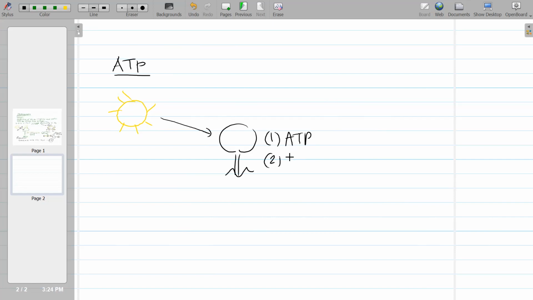But that molecule is not the same as ATP, because ATP is the only molecule used by all organisms. Then a second molecule is produced called nicotinamide adenine dinucleotide phosphate, NADPH.